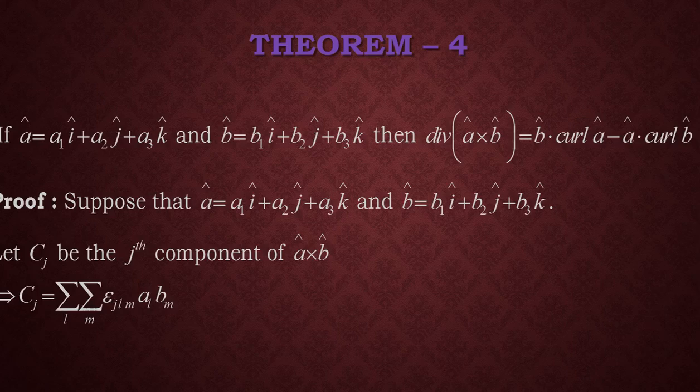The representation of the jth component Cj is given by C suffix j equals summation sigma over L summation sigma over M epsilon suffix JLM A suffix L B suffix M. This is the representation of the jth component Cj by using the Levi-Civita symbol.